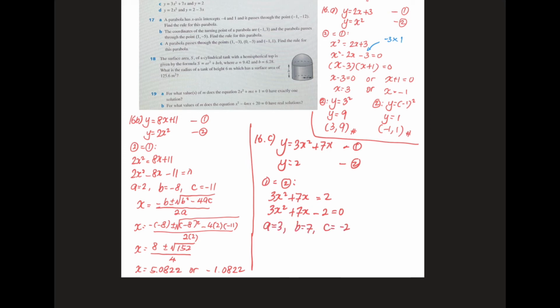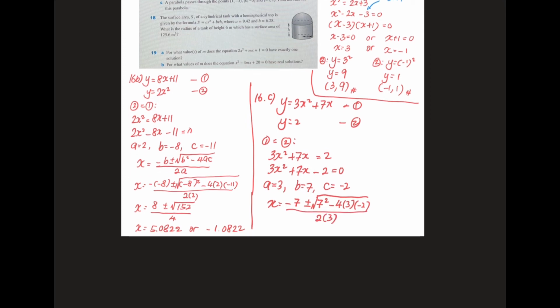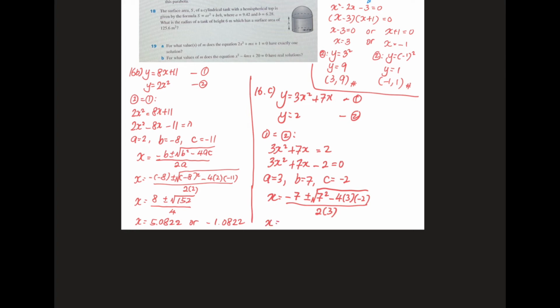Okay, so our values: a equal to 3, b equal to 7, c equal to minus 2. Okay, now we use quadratics formula. x equal to minus b plus minus square root of b squared minus 4ac over 2a.